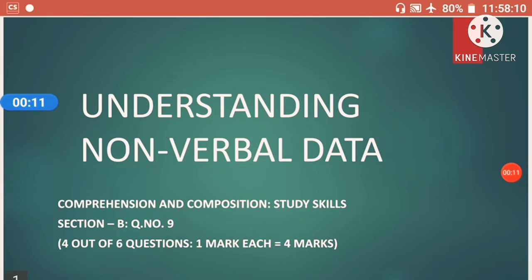Understanding non-verbal data will be given in comprehension and composition under study skills, Section B, question number 9. They will give one non-verbal data and ask 6 questions, and out of those 6 you have to answer 4 to get 4 marks.